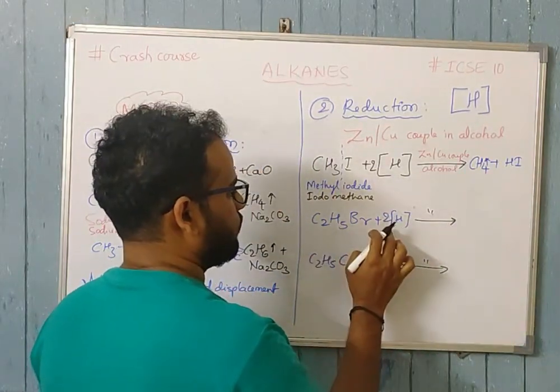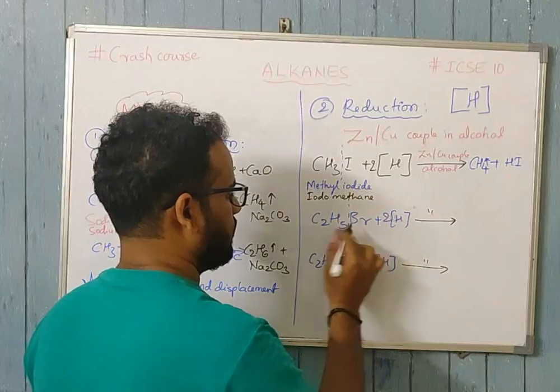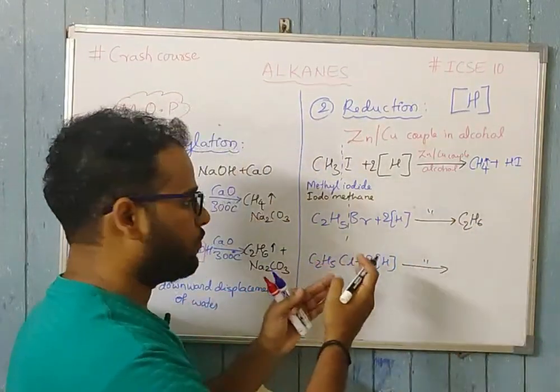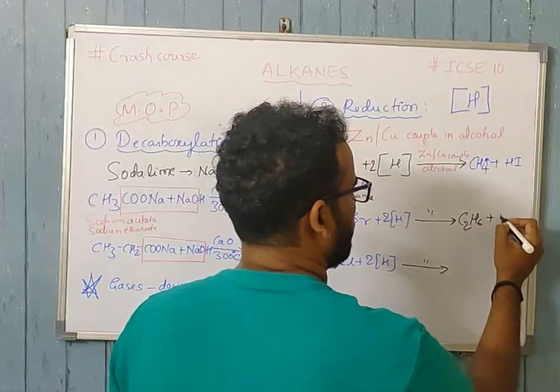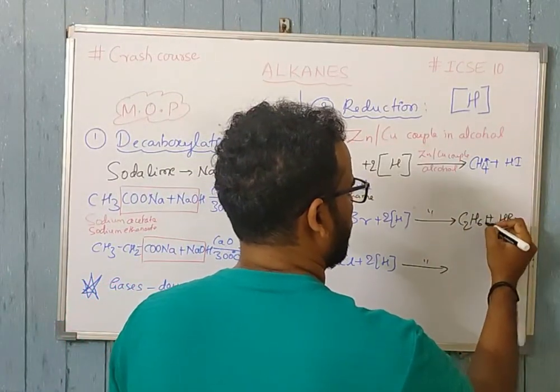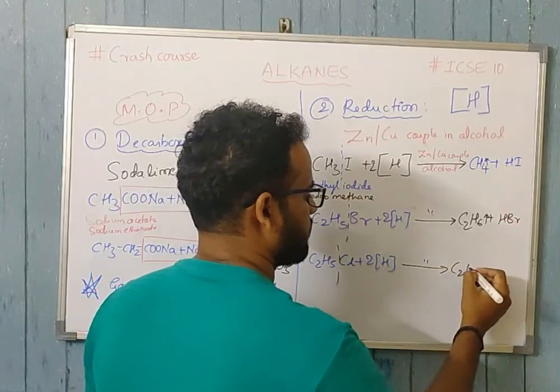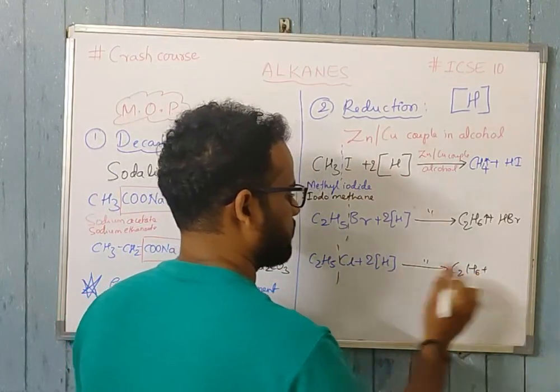One H you give to C2H5, it will become C2H6. Another H you give to Br, it will become HBr. The same thing happens here: C2H6 plus HCl.